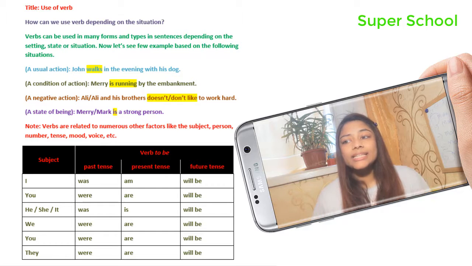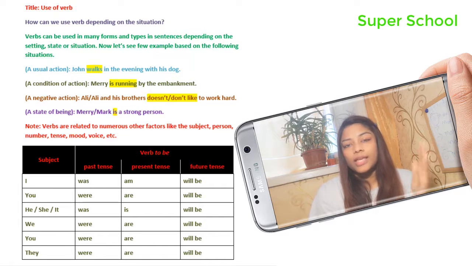A negative action. So Ali doesn't like to work hard, or Ali and his brothers don't like to work hard. So here, what is the highlighted part of the verb expressing? It's expressing a negative action, and this verb needs to be in agreement with the subject.